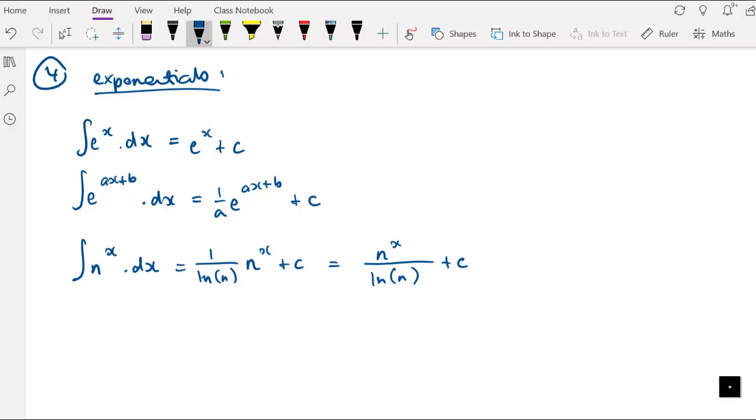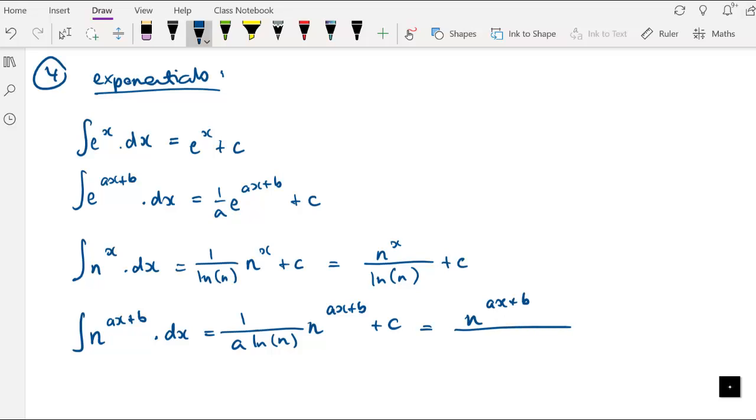Now if we throw in that linear power again, n to the power of ax plus b dx, we've got 1 over the derivative of this power, which is a ln n, and then multiplied by n to the power of ax plus b, and don't forget Charlie. Now we could also write that as n to the power of ax plus b over a ln n, plus c.